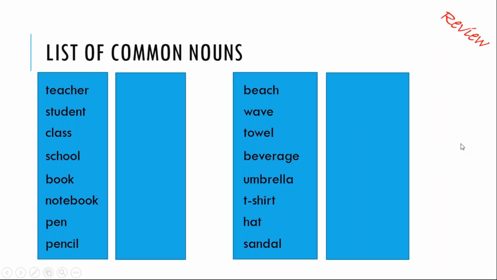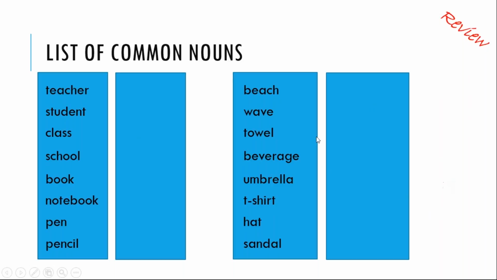So what I'm going to do now in this review, I'm going to ask you to give me the first word in the chat. Give me the first word that's a special rule. What's the first word from the left top to bottom to the right top to bottom? What's the first word that's a special rule? Meaning you have to do more than just add S. Use the chat in order to answer that question.